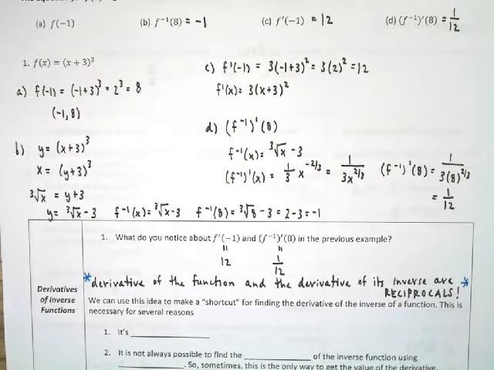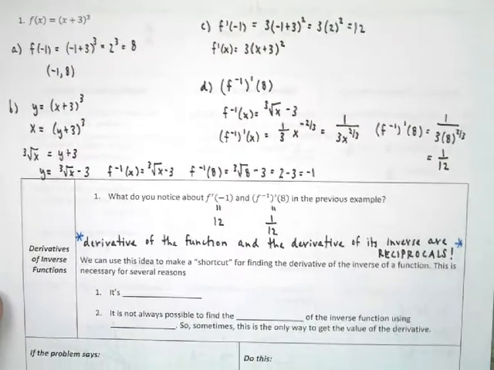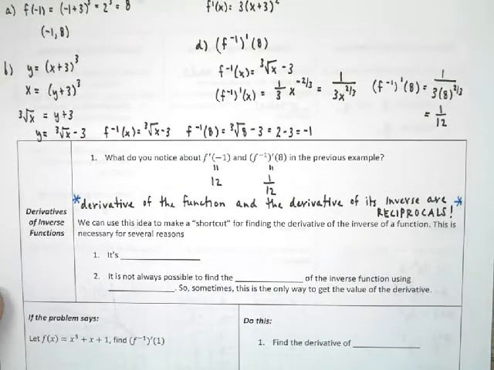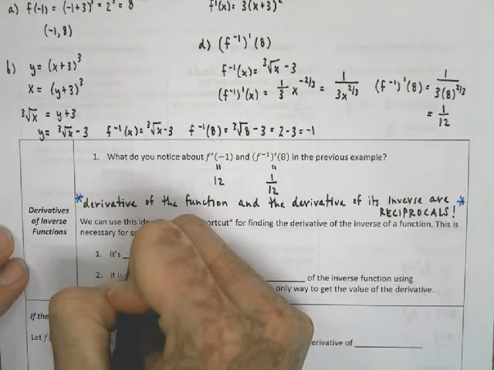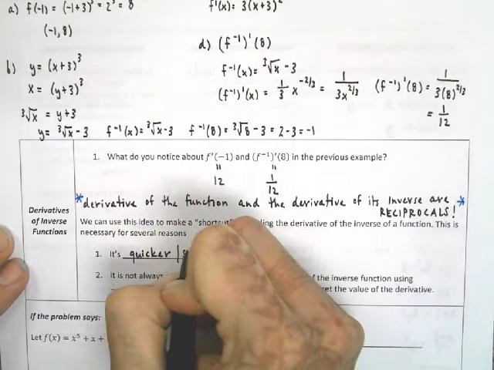Okay, we're going to use this idea to make a shortcut for finding the derivative of the inverse of a function. It's necessary for several reasons. It's definitely quicker, and it's oftentimes a little bit more simple.